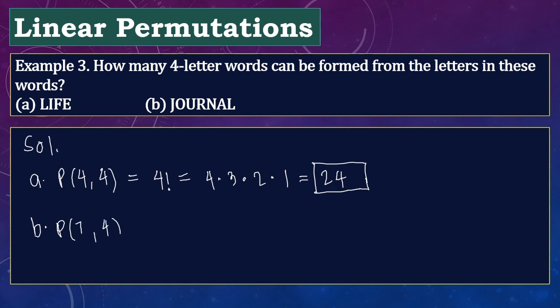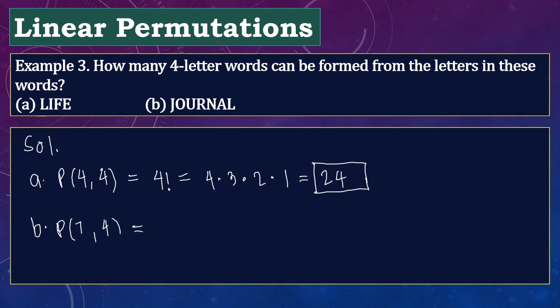Okay? So, yung ating n dito is itong 7, the letters in the word journal, and 4 is yung 4-letter words that can be formed. So, that is our r, yung 4.